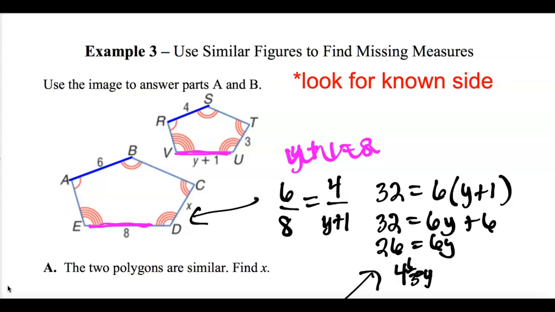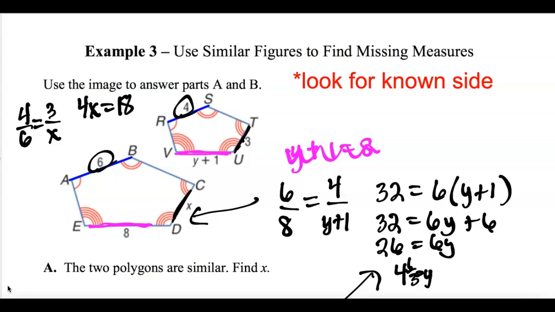So that's your y. We can also use that same strategy to figure out x. So x is here and the corresponding side to x is there. I'm still going to use these same values, 4 over 6, and that is going to be similar to putting the 3 on the top and the x on the bottom. So this would be 4x equals 18, divide 18 by 4, and we get 4.5.